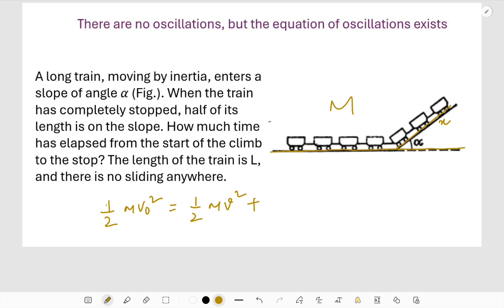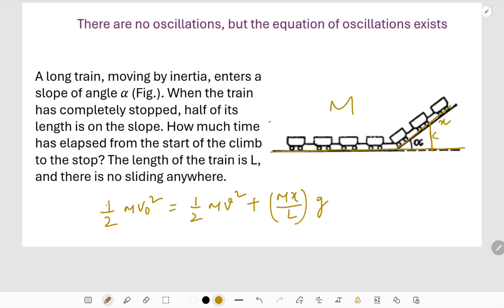So for the length x part, I would like to write its gravitational potential energy. Its mass is m x upon L, times g, and the height it has reached is x by 2 sine alpha, because its center of mass is at the midpoint of the part of length x.